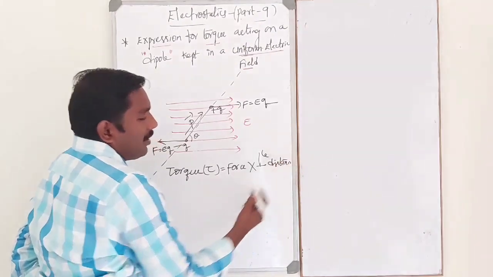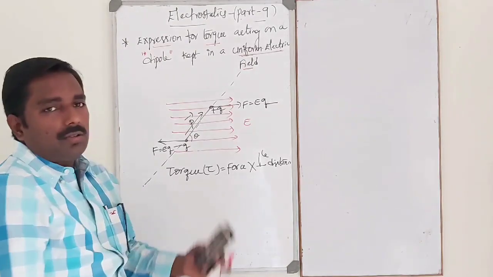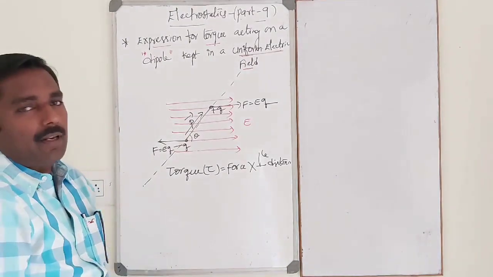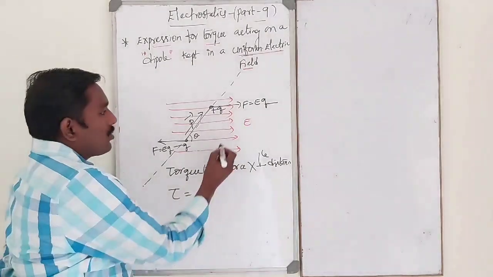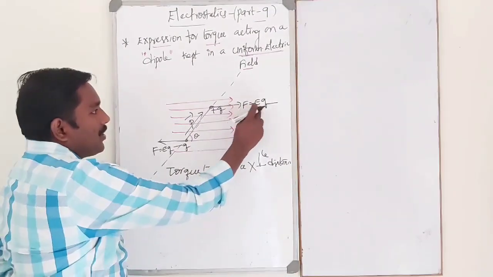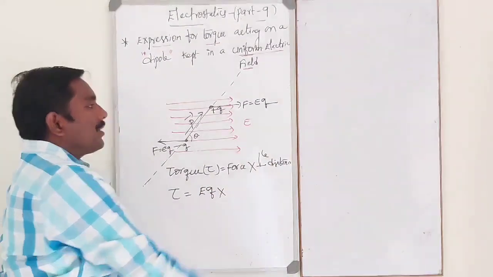We already know this from last year's classes. So torque tau is equal to force. What is the force? F is equal to EQ, into perpendicular distance.